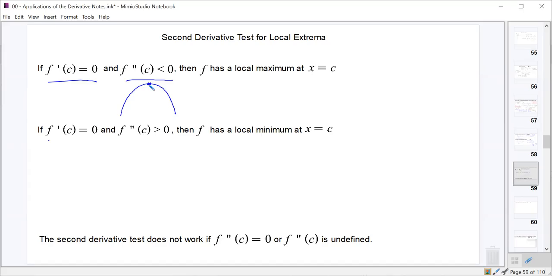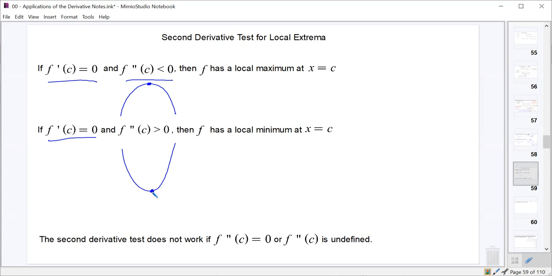And vice versa, if the first derivative is 0 at an x value or at c, and the second derivative is positive there, we must be concave up, yielding a local minimum. So we're going to take the first derivative, find the critical values, and then evaluate the second derivative at them to determine the concavity of the function, and that'll tell us if it's a local max or a local min.